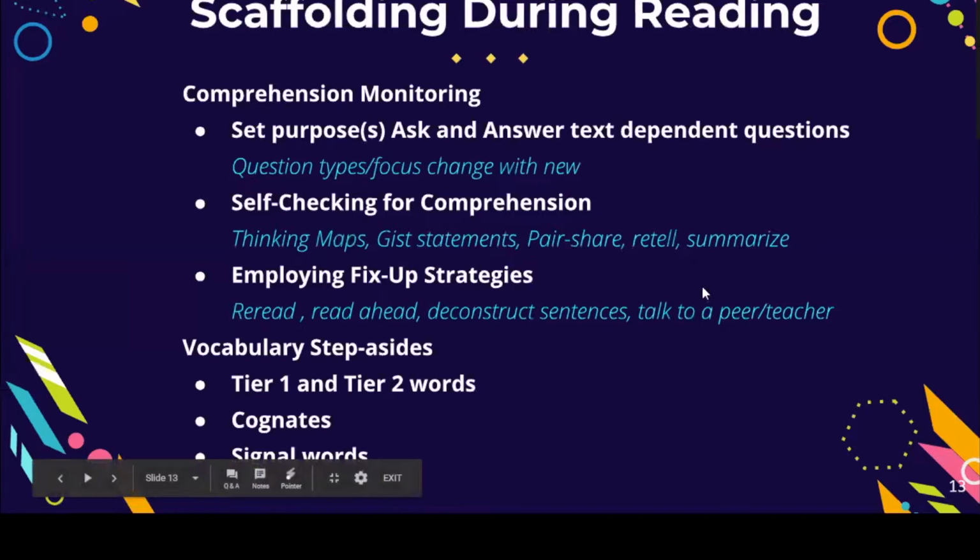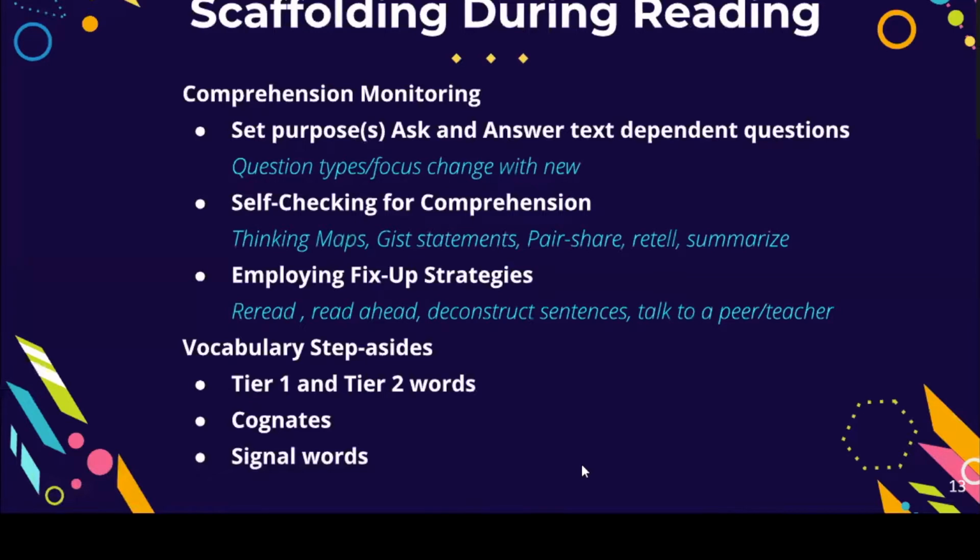The other part of planning the scaffolds for during reading is the vocabulary part. So we did a little bit of vocabulary work up front for words which are not easily figured out by context, and also not easy to explain with one word or by relating it to another word. So the words that I showed you from the before reading section will be words that they might encounter during reading that might trip them up a little bit, but they're not necessarily words they will have to produce when they're explaining their understanding.